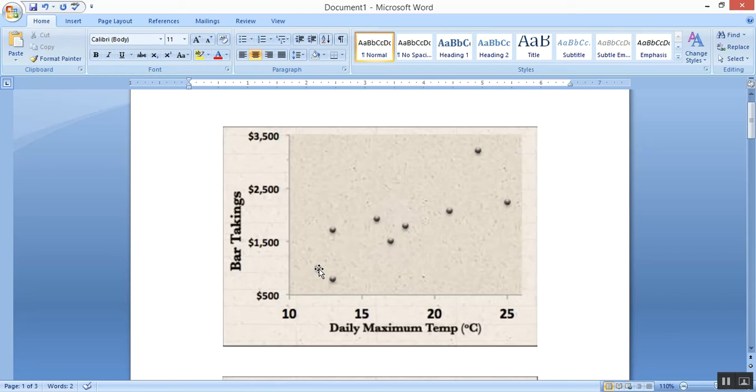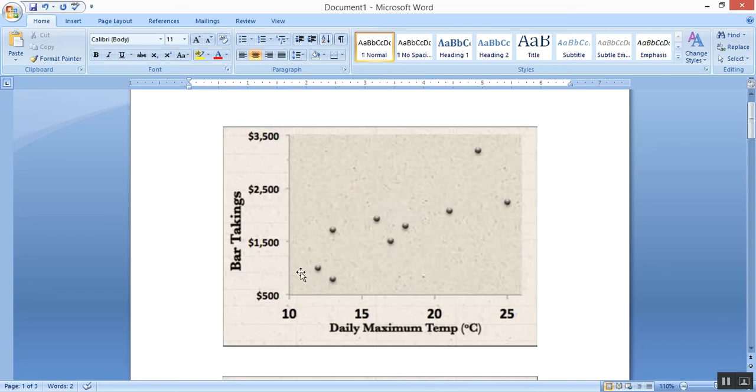But now I have to decide where this dot is going to be placed on the x-axis. And again, that's going to be determined by whatever temperature I observe on that day. As you can see, the temperature on this day was somewhere between 10 and 15 degrees Celsius, and therefore I'm going to place the dot between the 10 and the 15 on my x-axis.